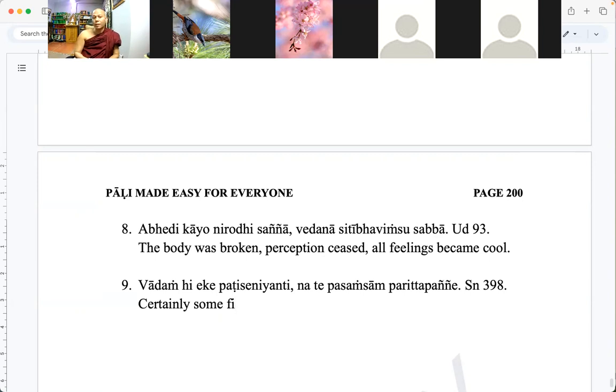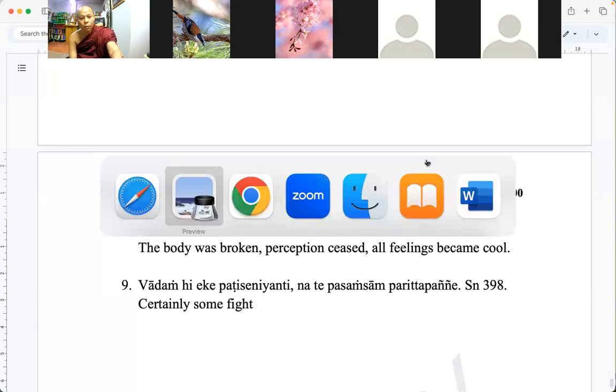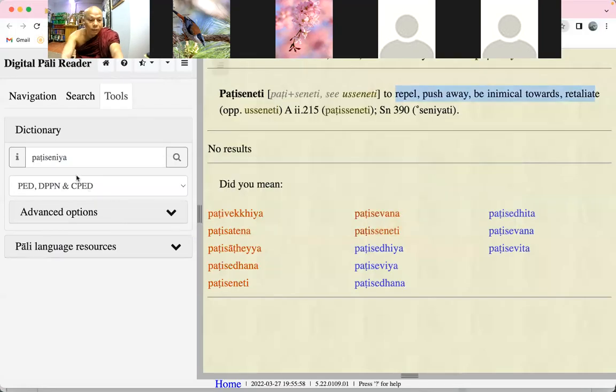Certainly fight, or maybe instead of fight here, which one is better? Because Wada is some religious idea or some view. So that is one. So here, okay, fight also. Fight. So Wada.